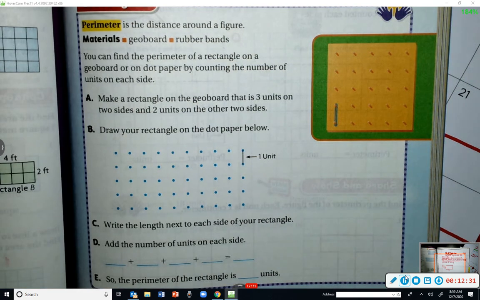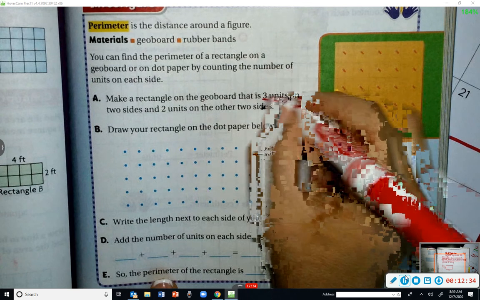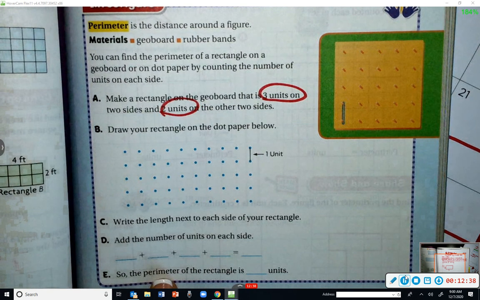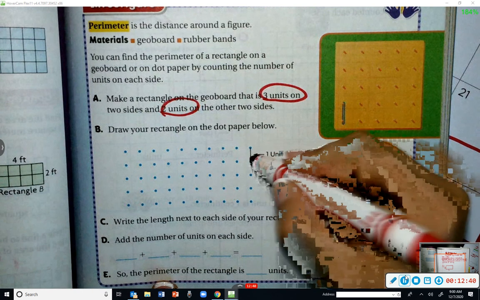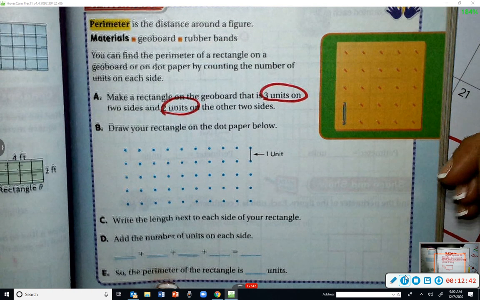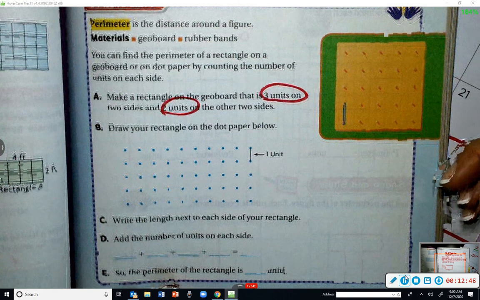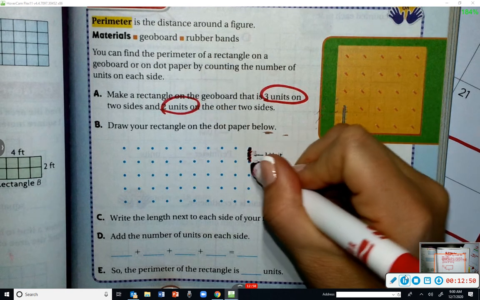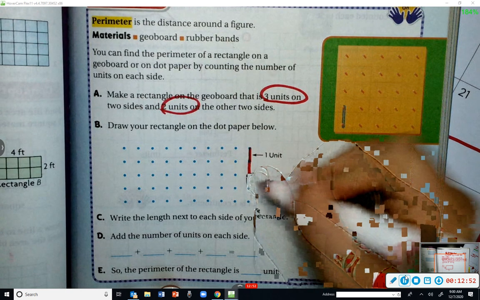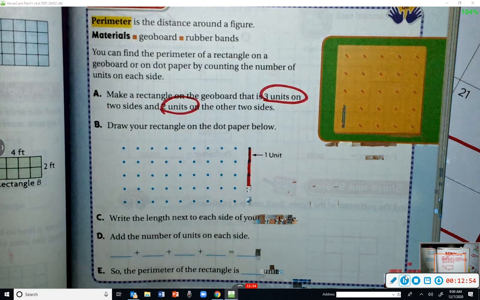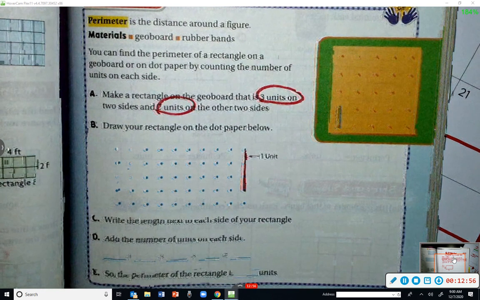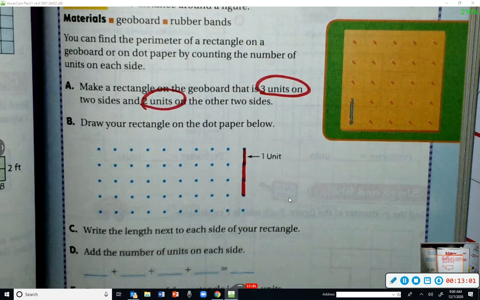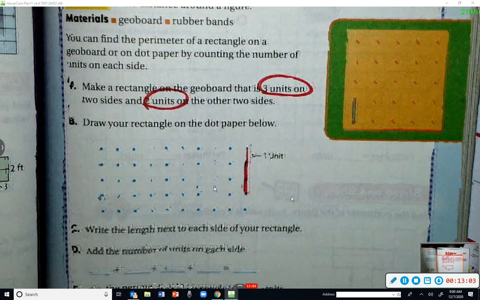Okay, so if I need to make it 3 units and 2 units, let's practice doing that. So I'm going to start here where it has 1. Let's just start with 3. So if this is 1 unit, I'm going to go down 2, 3. Okay, what would I do next? If it's 3 on this side, it needs to be 3 over here too, right?